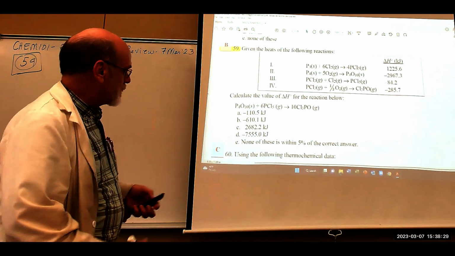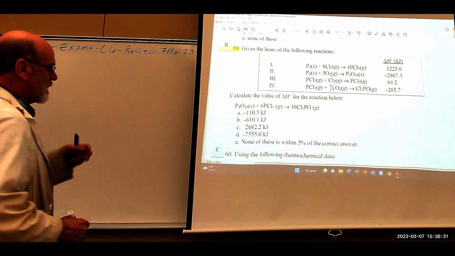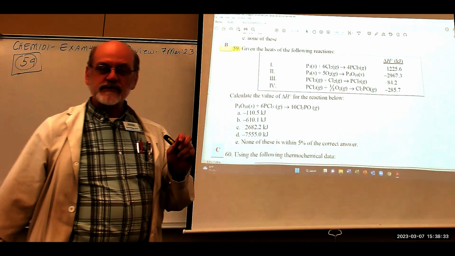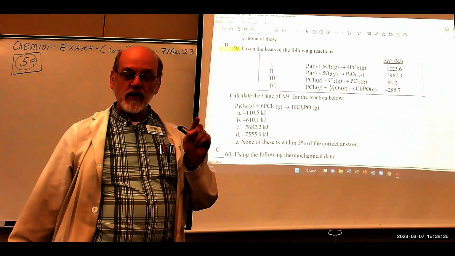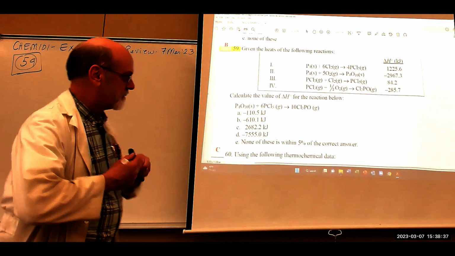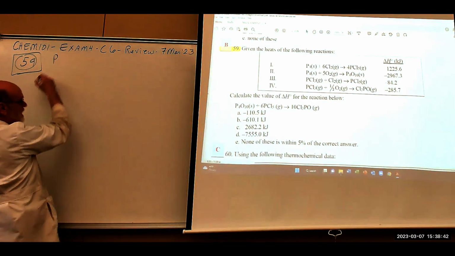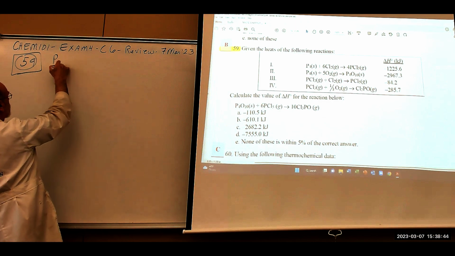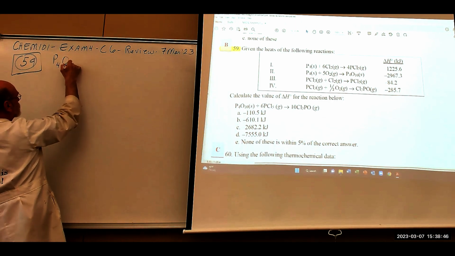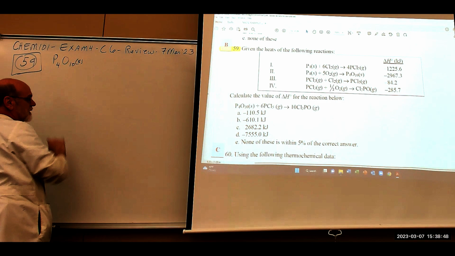Okay, so here's what we have to do. The best way I find is to write out the target equation first. So we'll put it at the top. So this is P4O10, that's a solid.